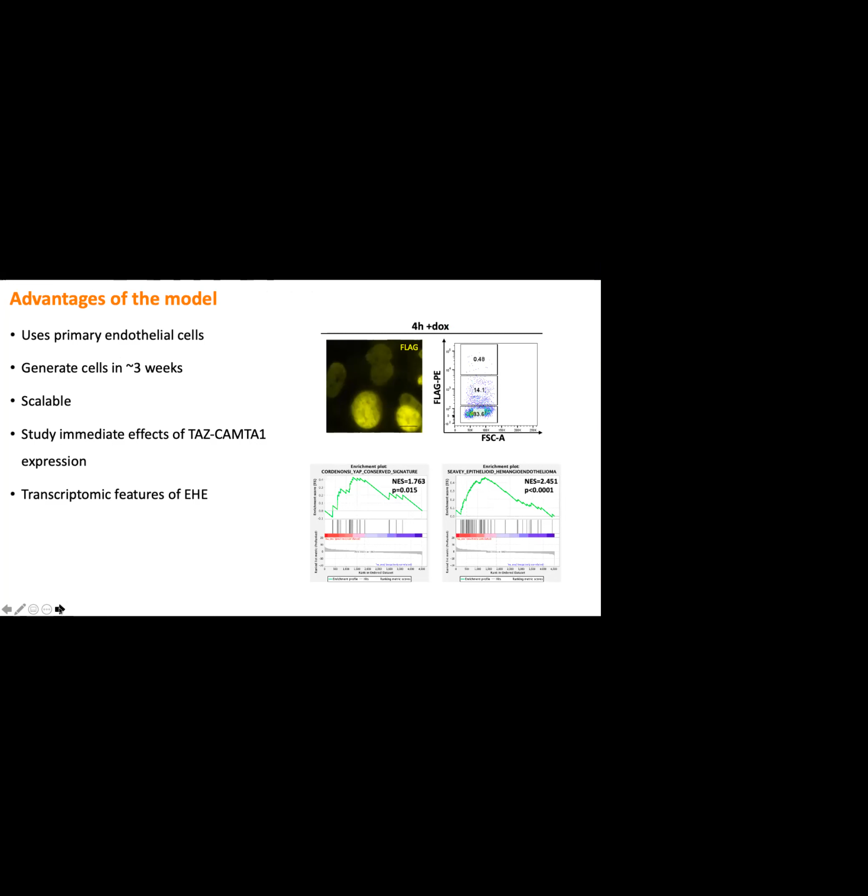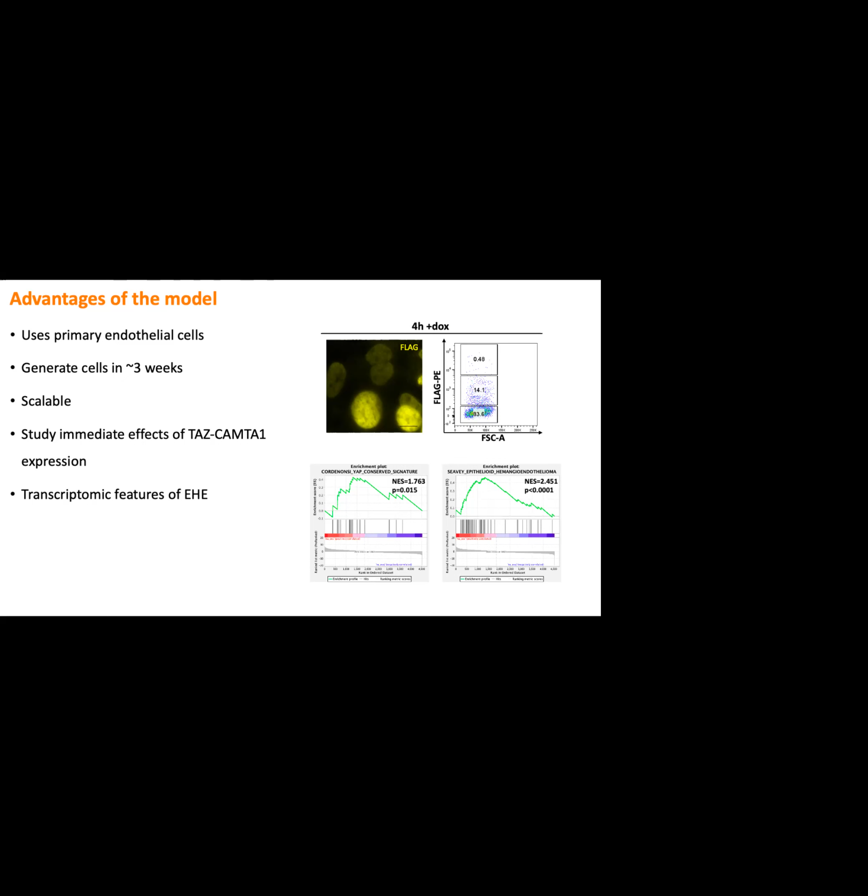So these are a few key advantages of the model. The main one is that we're looking at contextually relevant cells, so they're primary endothelial cells, and it's relatively quick to generate these cells. You can have a lot of endothelial cells within 3 weeks, and you can scale the differentiations up or down depending on how many cells you need for whatever assays.